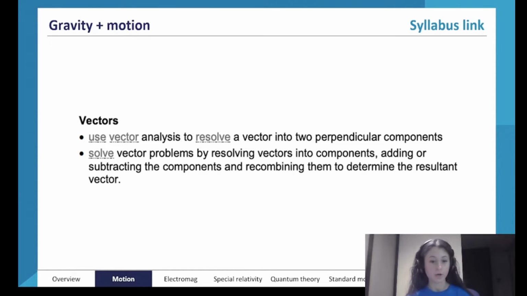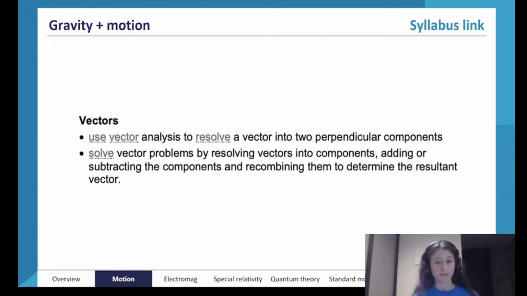We're going to go over how to do these steps now, but something you should keep in mind if you're going, oh, vectors are easy, and rolling your eyes a little bit, is this content actually becomes very important. Of course in projectile motion, which you've probably touched on, but also in electromagnetism.